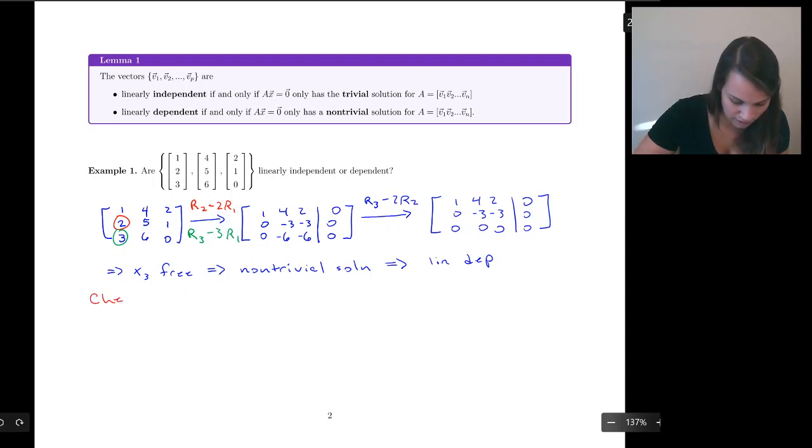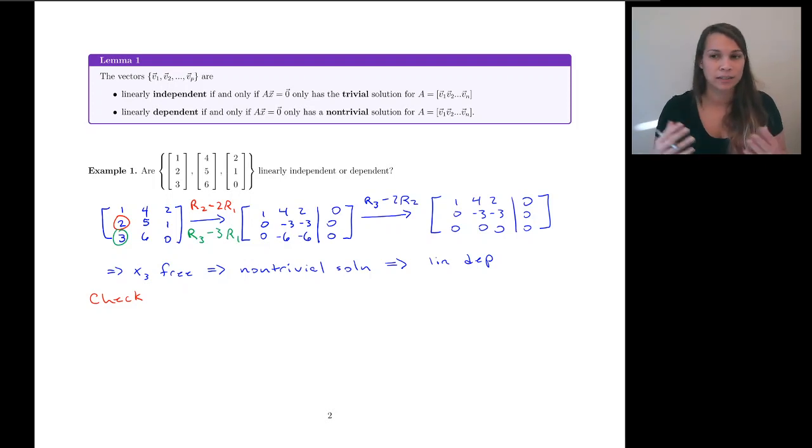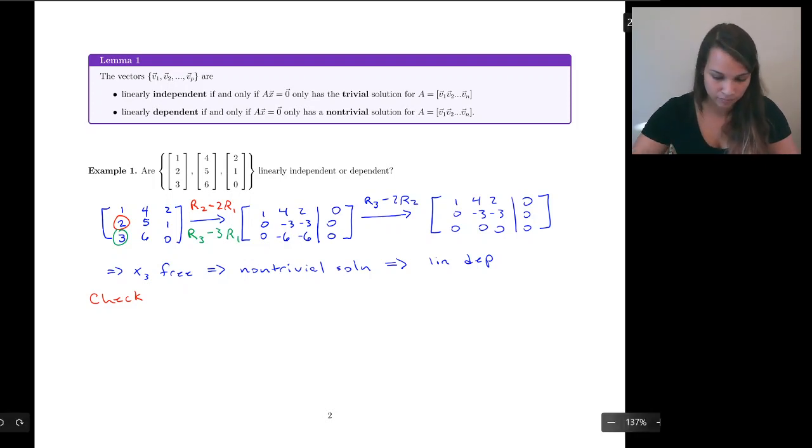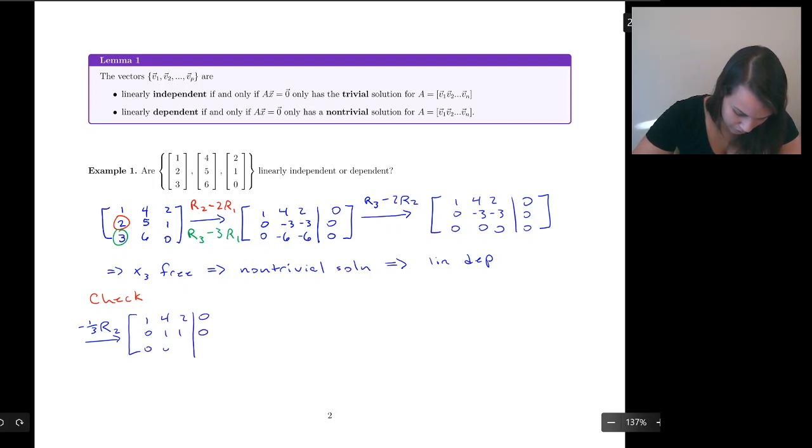And to prove that it's linearly dependent, we can go through and check real quick. So the check is, can we find coefficients that are not 0 and still get 0 on the right-hand side? I'm going to do that by going to reduced row echelon form. 1, 4, 2, 0; 0, 1, 1, 0; row of zeros.